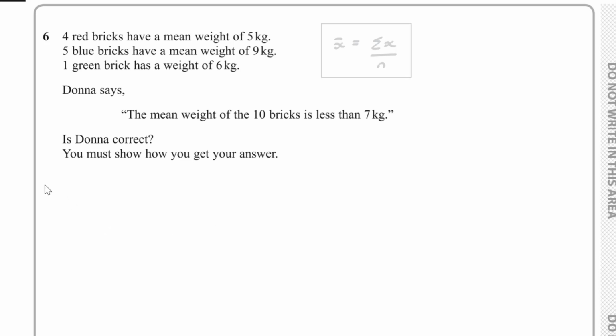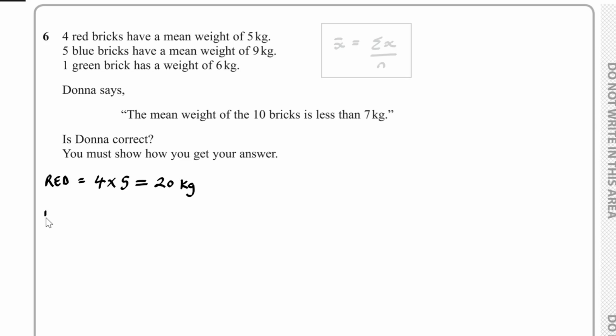So the total weight of the red bricks, that's equal to, well, here we have the mean 5 times n, that gets us the total. So we have 4 times 5, which is 20. So all the red bricks weigh 20 kilograms.